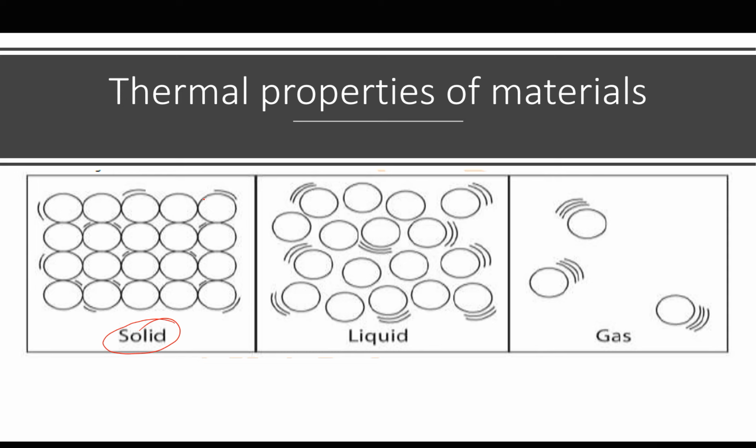But as we move down to liquids and gases, the particles are moving further and further apart. Therefore, the force of attraction between these particles tends to weaken, and the force becomes extremely weak when we talk about the gases. So every material is any of these three. It is either a solid, a liquid, or a gas.